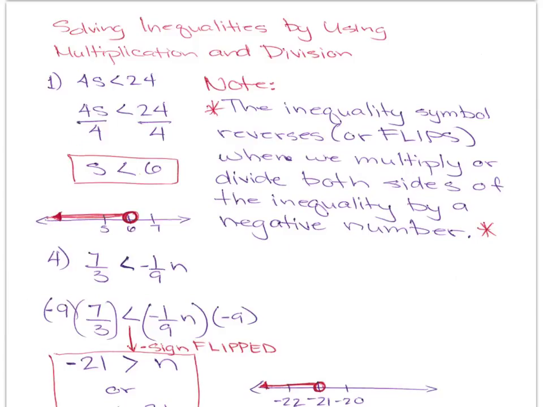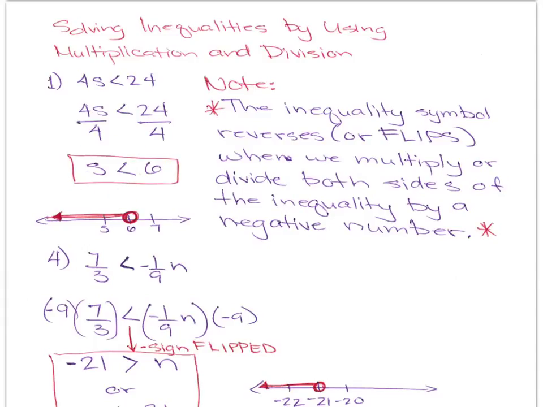That's the key to it. In this case, we divided by 4 on both sides, but 4 is not a negative number, so the sign stayed the same. So the graph of this solution, you can see it's just less than, so it's an open circle, marking it at 6, and then because it's less than, we're going to go to the left of 6, and there's our graph for this problem.